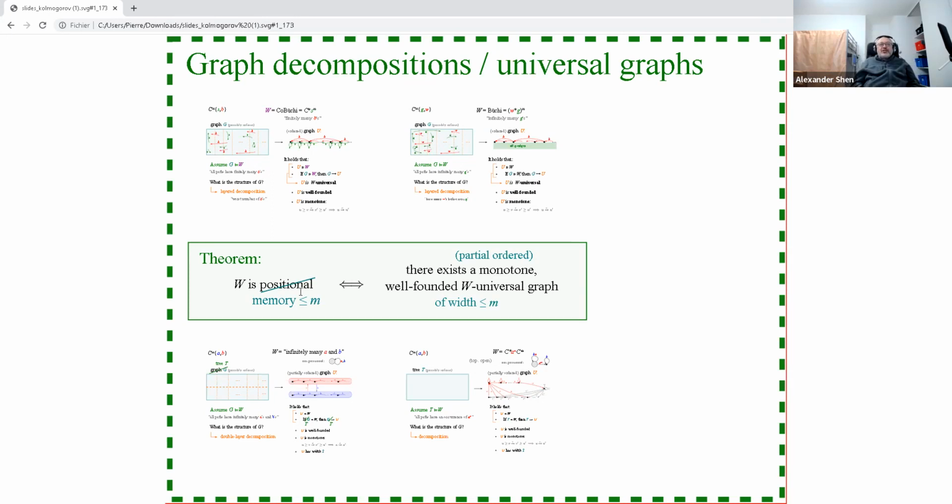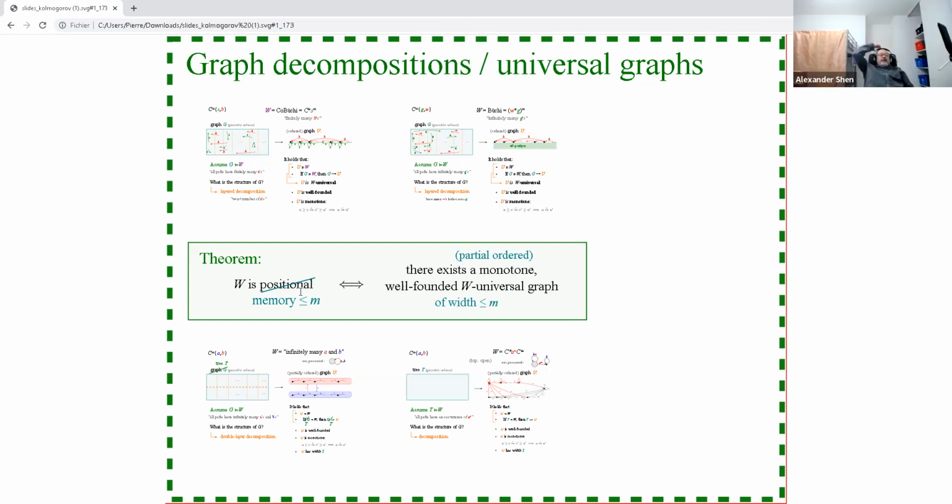Okay, so for example, imagine we have some W, and we have some graph and we want to find whether there is a winning strategy or not in a given graph. In terms of this universal monotone graph for W, the existence of a winning strategy means what? So now you're talking about the decision problem?